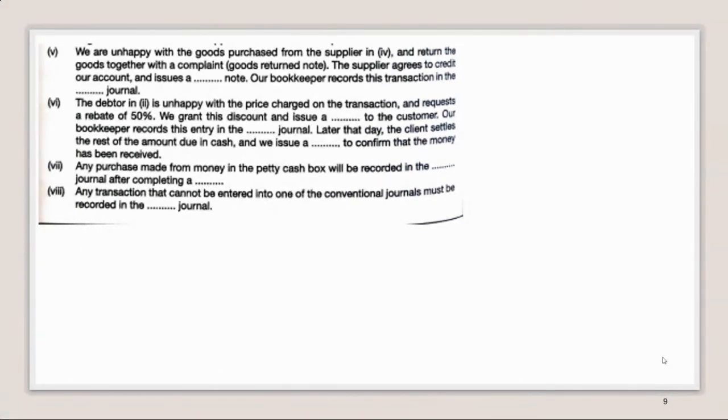Okay, Zandile says a credit note. That is absolutely correct. And in what journal will our bookkeeper record the credit note? Okay, Zandile thinks it's the debtors journal. What do the rest of you think?